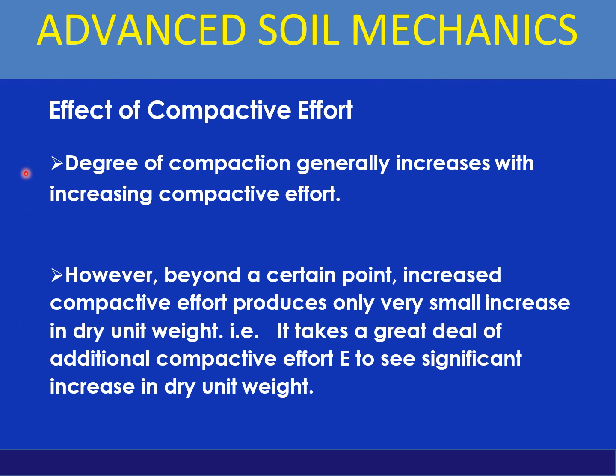Degree of compaction generally increases with increasing compactive effort. However, beyond a certain point, increased compactive effort produces only a very small increase in dry unit weight. That is, it takes a great deal of additional compactive effort, E, to see a significant increase in dry unit weight.